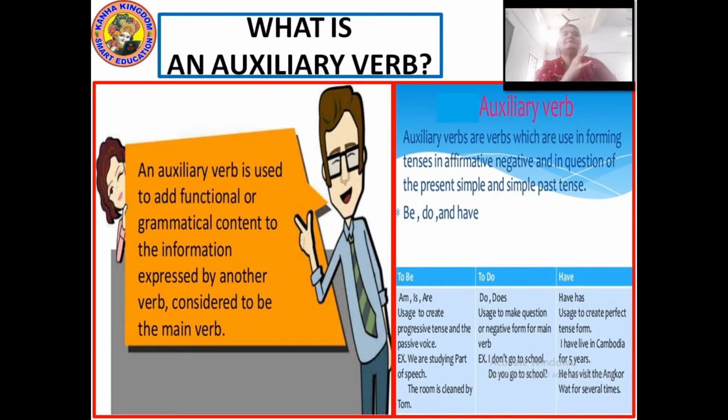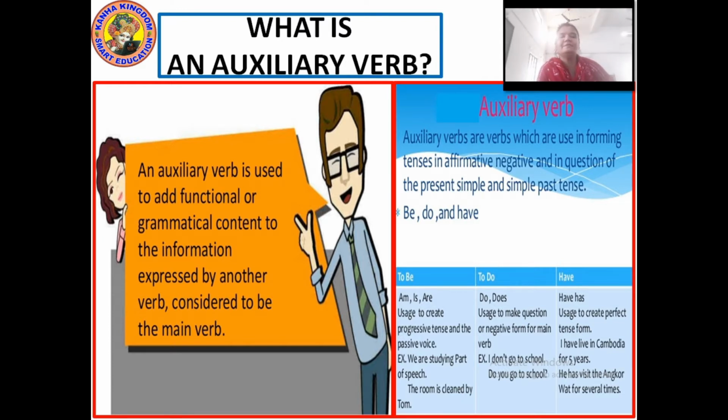Before starting the chapter, first let's know what an auxiliary verb is. You all must know about verbs, right? The action words are the verbs, like sit, stand, sleep, walk, run, read, write. These are verbs. But what are auxiliary verbs?